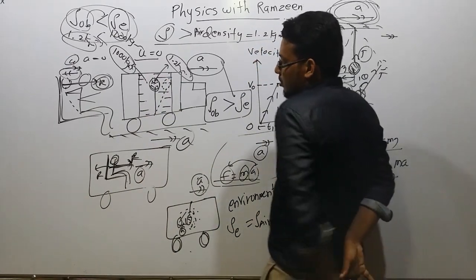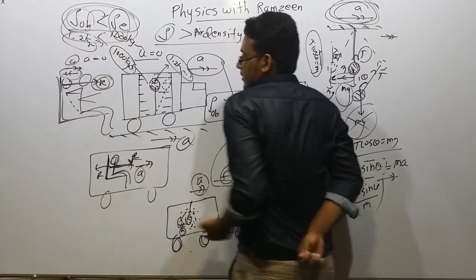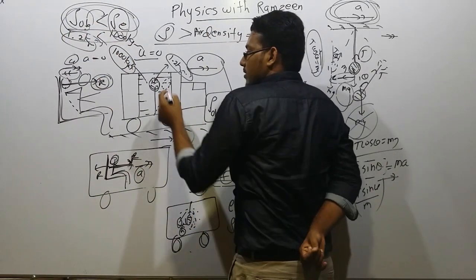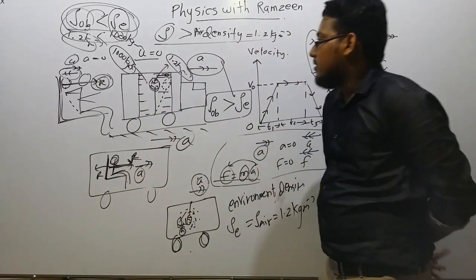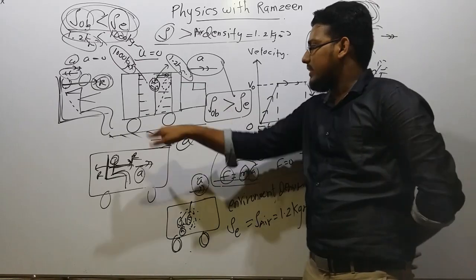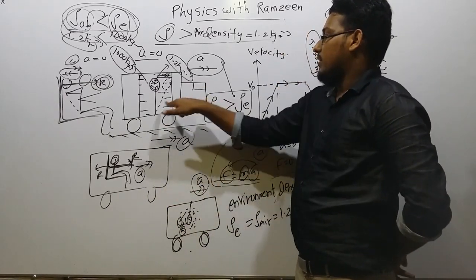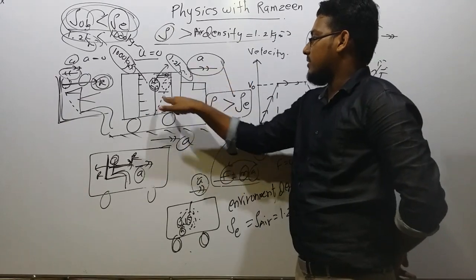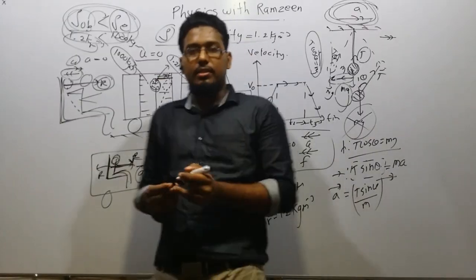So according to this condition, the position moves in the same direction as the body acceleration. But here, the opposite direction of the body acceleration. Here, the same direction of the acceleration. The position changes. That's the theory behind this.